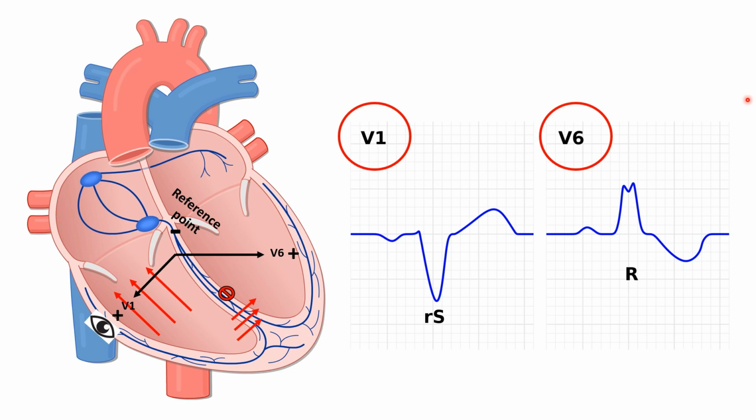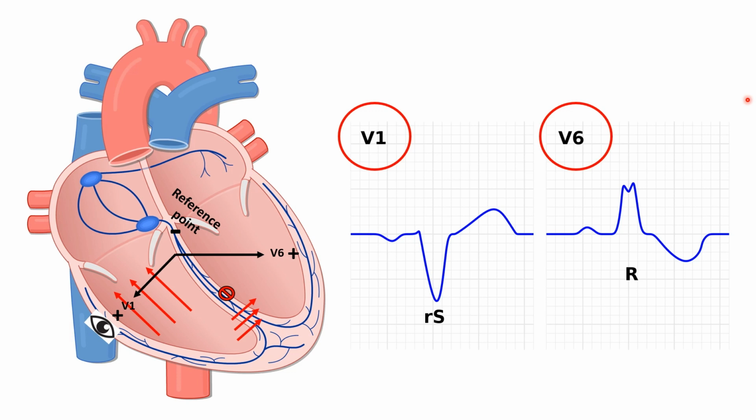But when we have left bundle branch block with an MI, the ST segment is going to be in the same direction as the majority of the QRS complex. So that's known as concordance. That means we have left bundle branch block associated with an MI. Okay, so that's something to be aware of.